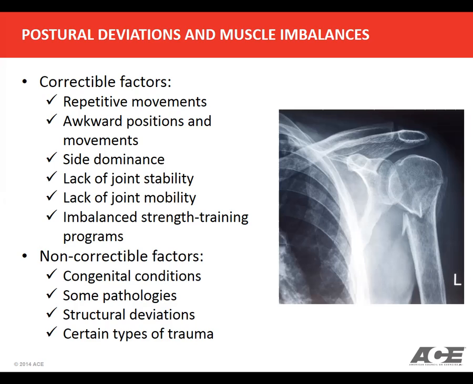Awkward positions and movements, yes, unless the awkward position and movement is what helps them be skilled at what they do. So again, going back to baseball, some pitchers throw completely overhand. Some are more like a 45-degree angle between horizontal and vertical. Some guys throw more at the horizontal. Some throw below horizontal.